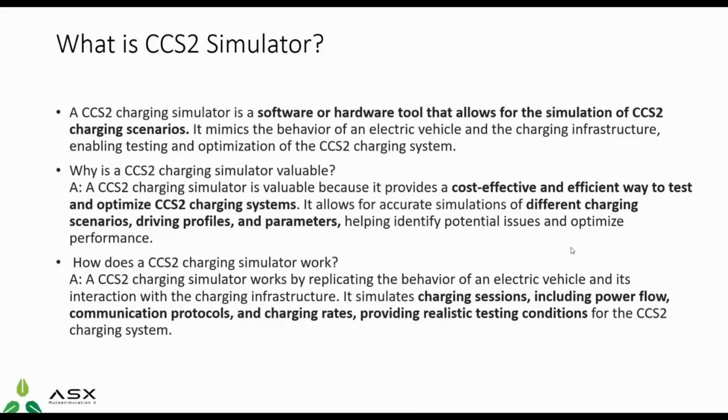Let's say I don't have the Nexon EV right now and I'm developing a charging station, but I cannot test it, or the charging station is not that compatible. For simulating and testing that, we are introducing simulators, which are also cost effective.